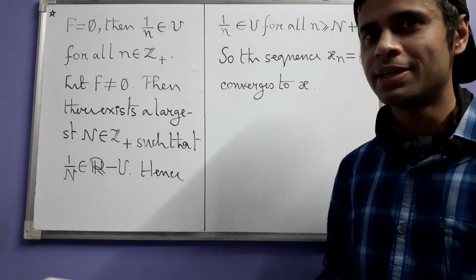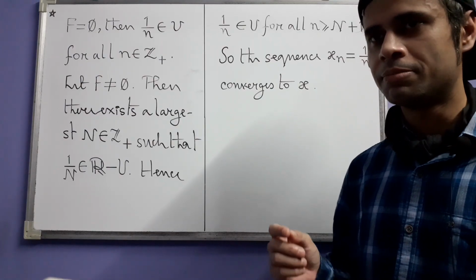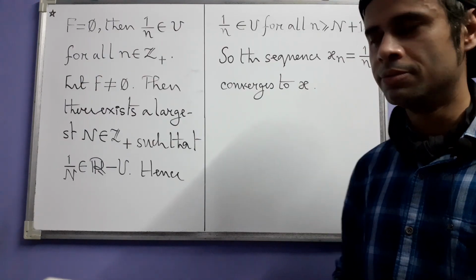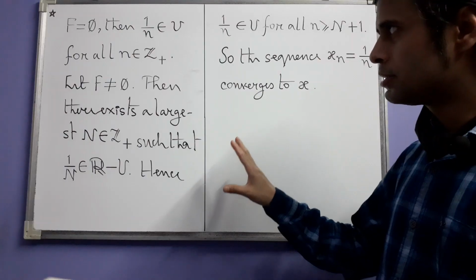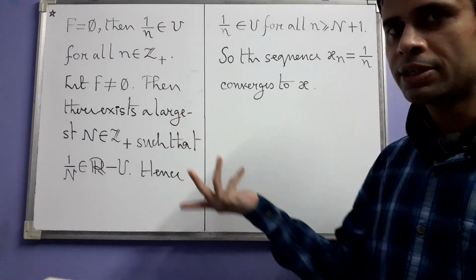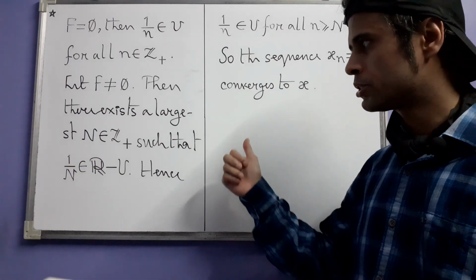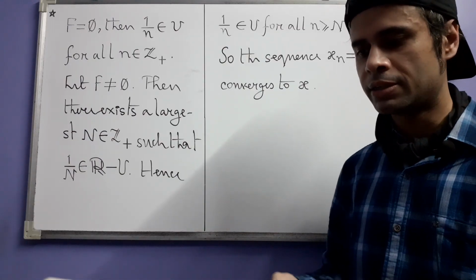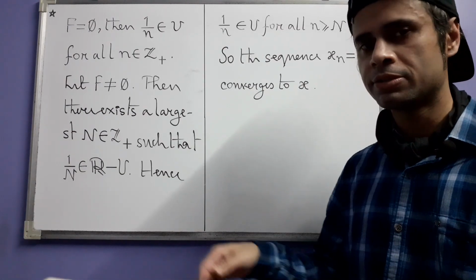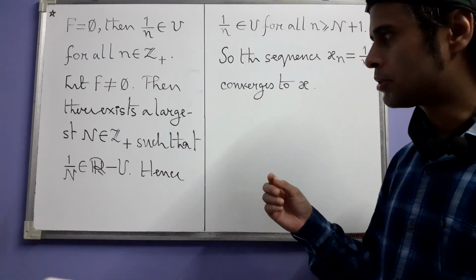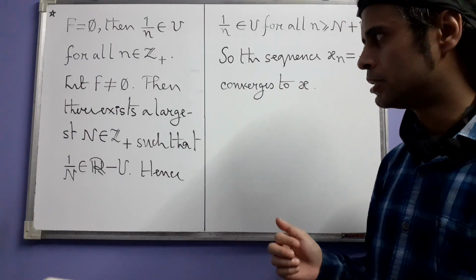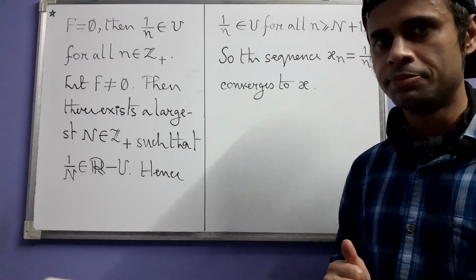This is a very strange thing when you look at it from an analysis point of view. For a topology, this example, you can call it an example, is a very good one. It shows you one extreme where a sequence can converge to all points of the space. But from an analysis point of view, it's the worst type of example.